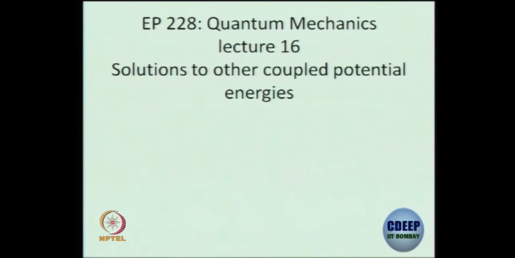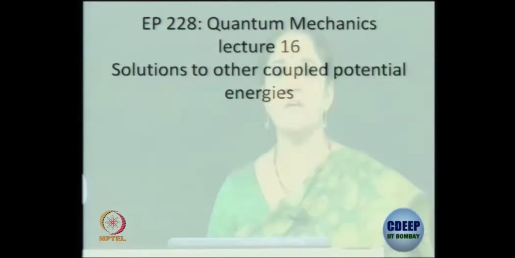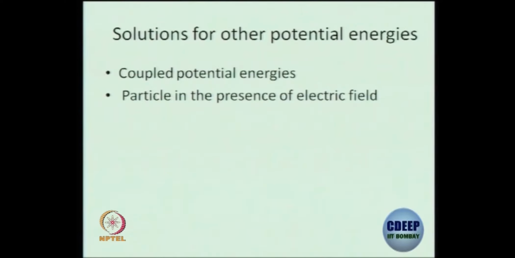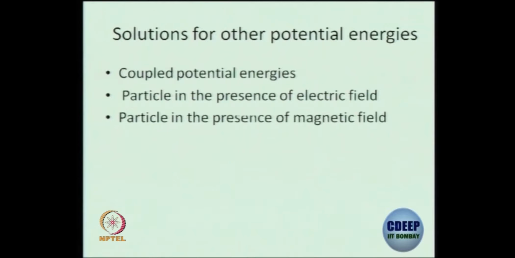Okay, so today I thought of some quick questions one can ask for other coupled potential energies. A couple of them: you can have two coupled harmonic oscillators, you can have a harmonic oscillator in the presence of an electric field, or a particle oscillating in a harmonic oscillator potential and also subjected to a magnetic field.